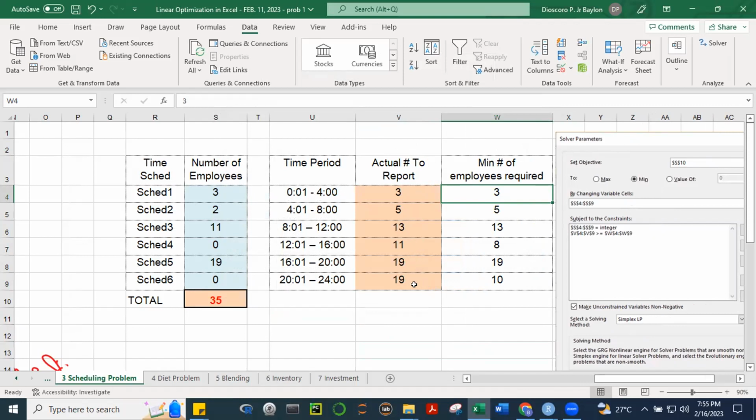There are others that are more than the required, but this will give us the minimum that will be able to address the minimum required. So 35 is the minimum number of employees that will be employed, and they will be reporting at these different schedules. For some of you, you have a different answer, but we should have the same objective function: 35. Okay, are there any questions about this?